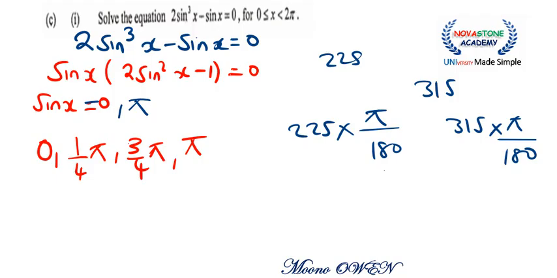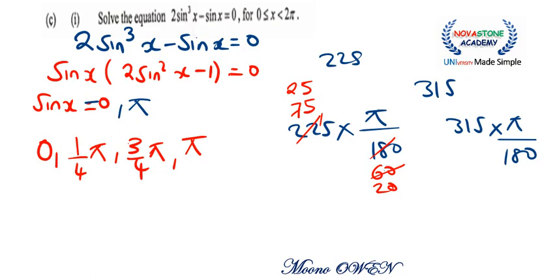Let's start with 3. 3 into 225, that is 75, and 3 into 180 is 60. Then 3 into 75, that is 25, and 3 into 60, that is 20. Basically you've seen where we're going.